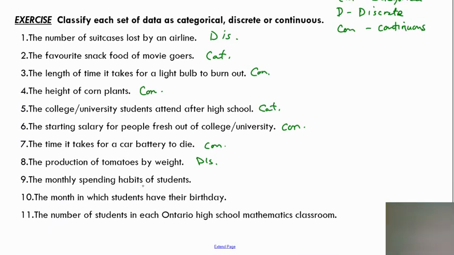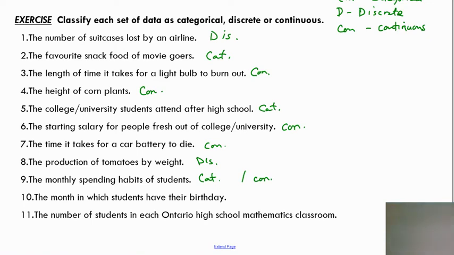The monthly spending habits of students. Again, lots of range here. Now, it depends. Are you talking about what they tend to spend money on, or how much they are spending? If it was what they're spending it on, it could be categorical. If it's how much they're spending, that could be continuous, because it could be such a range for different people.